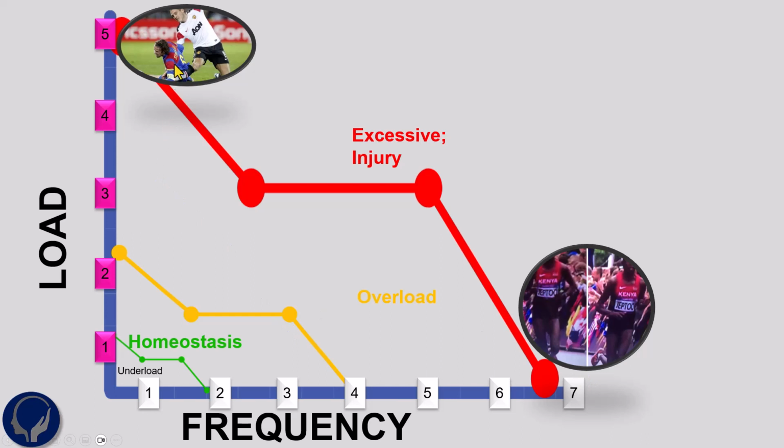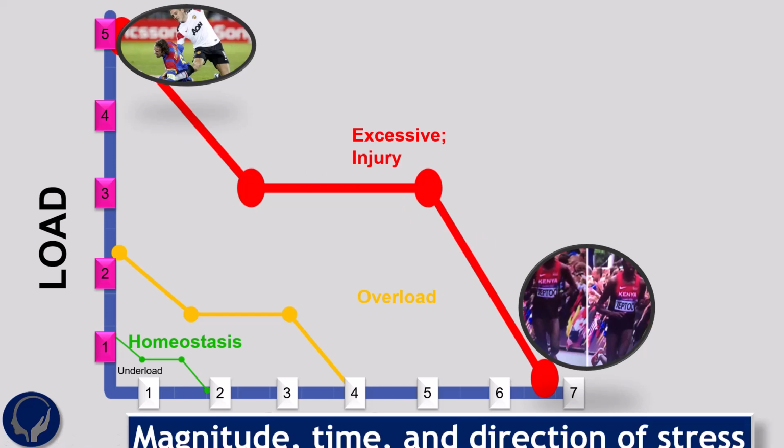So do I have a macrotraumatic episode, a magnitude of load problem, or do I have a frequency of load problem? Because if you know which one of these it is, or what combination it is, that will be how you address and treat that individual.